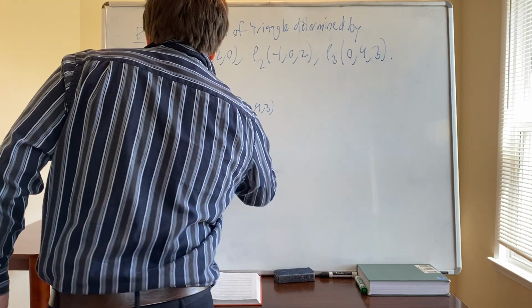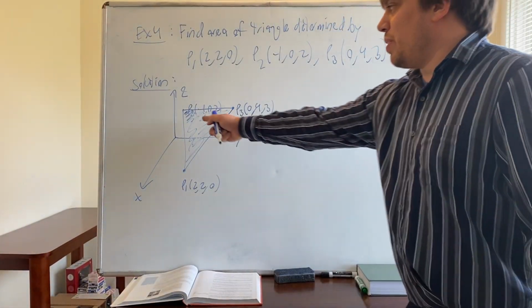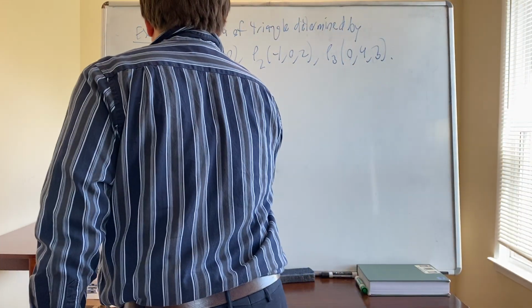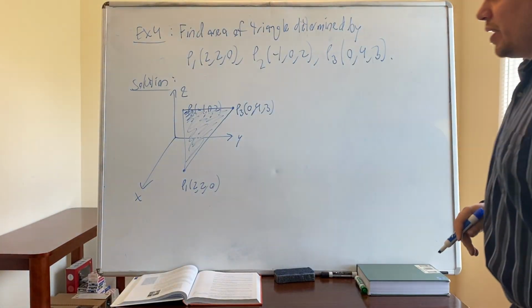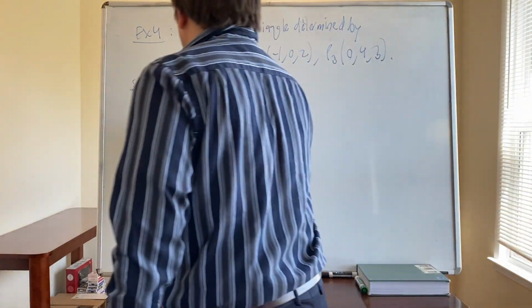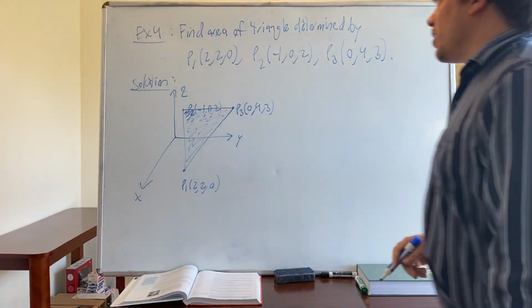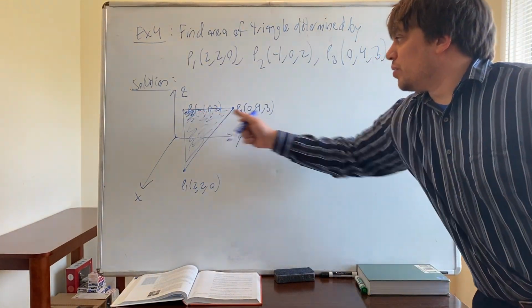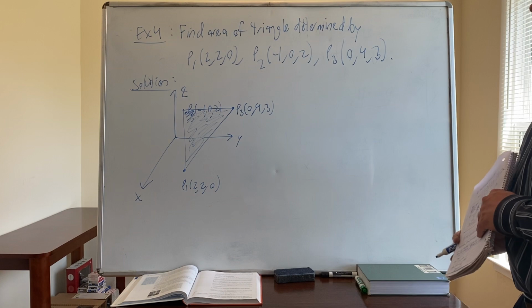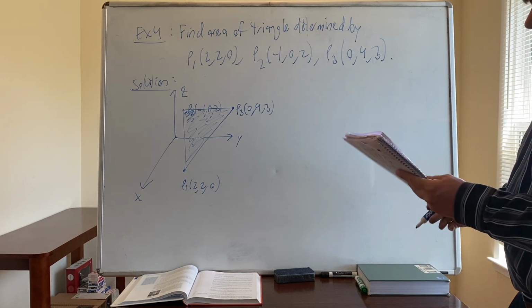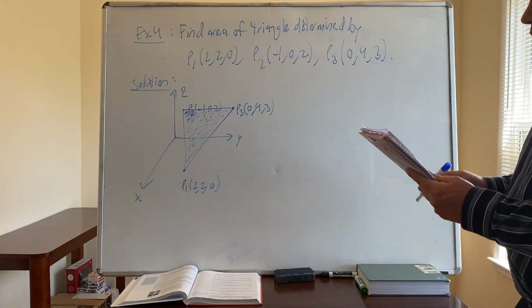Okay, so I'm just going to fill this in here. That still says P2, -1, 0, 2. Okay, that's clear. That's P2, -1, 0, 2. P1, P2, P3, right there. So we're going to find the area of that triangle.